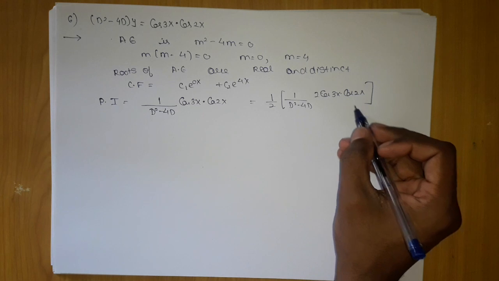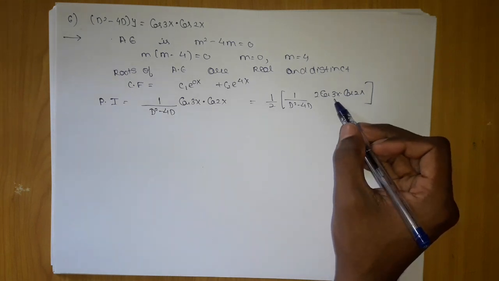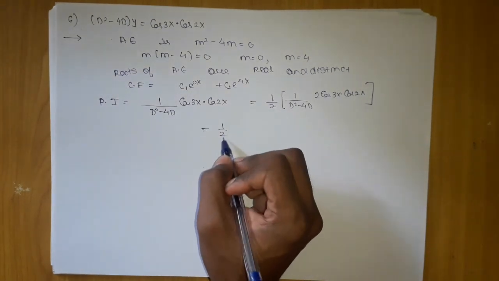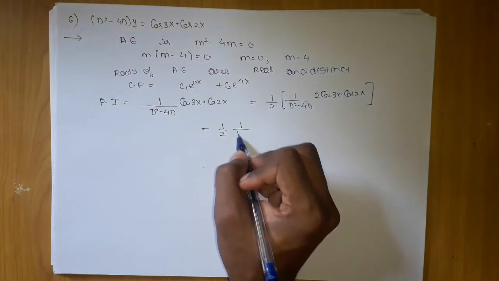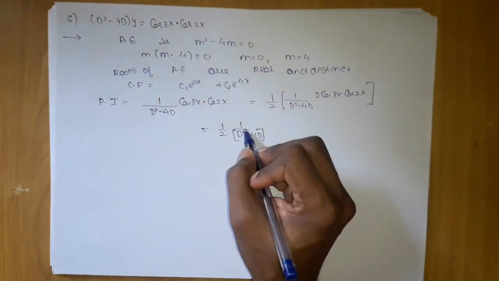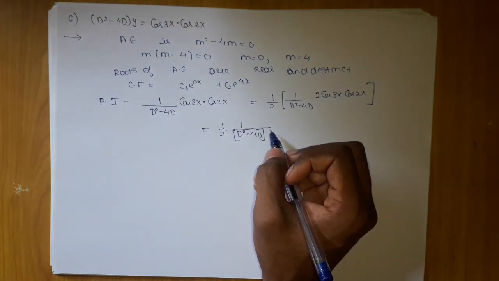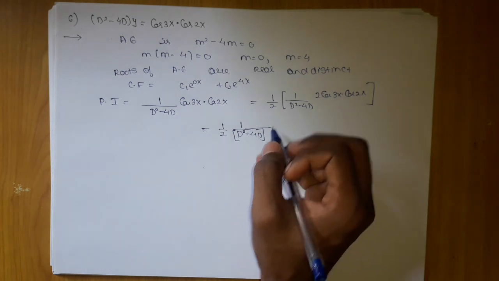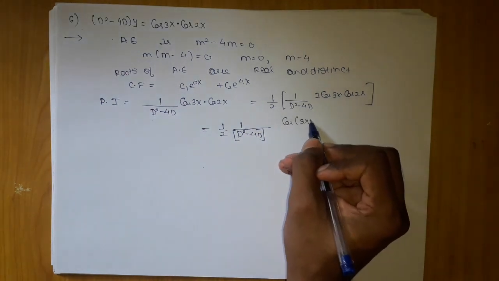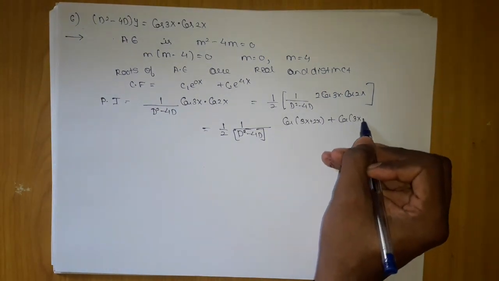So here we will get 1 by 2 outside, and d square minus 4d into cos a plus b, which will be 5, and cos a minus b, which will be 3x plus 2x plus cos 3x minus 2x.